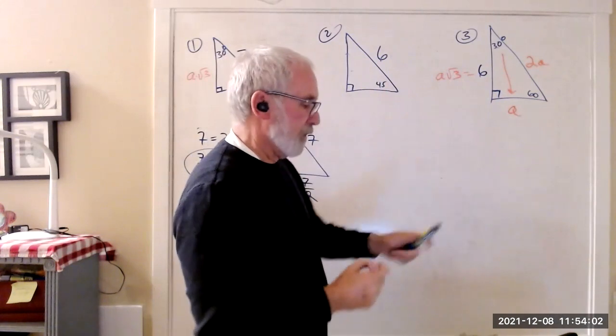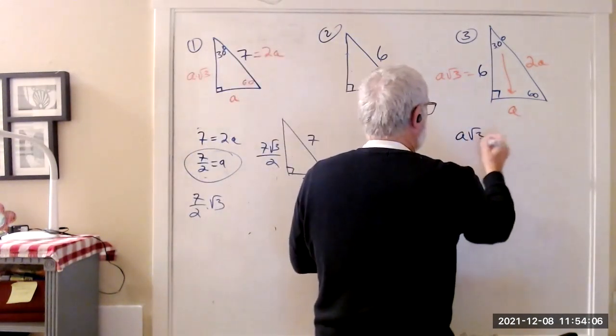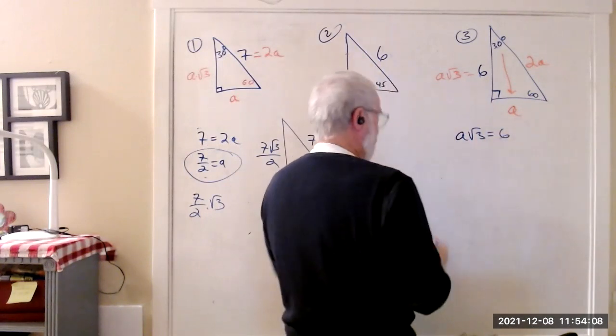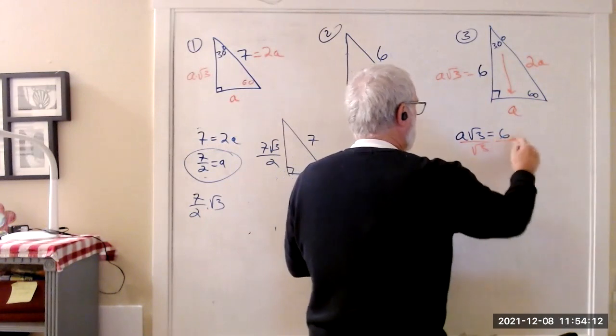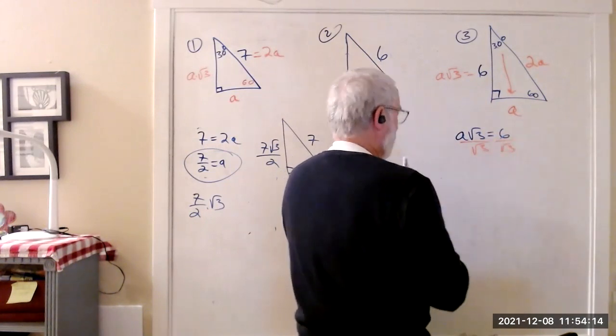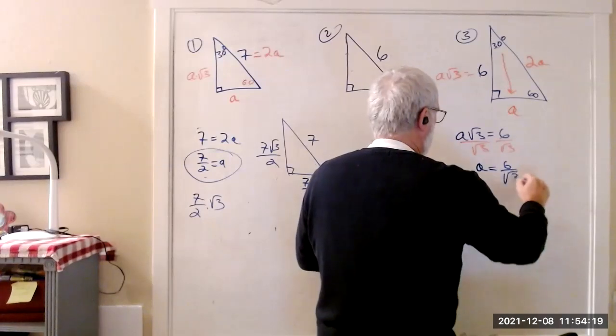So that gives us our equation to solve. A times the square root of 3 equals 6. You divide both sides by the square root of 3 and get A equals 6 over the square root of 3.